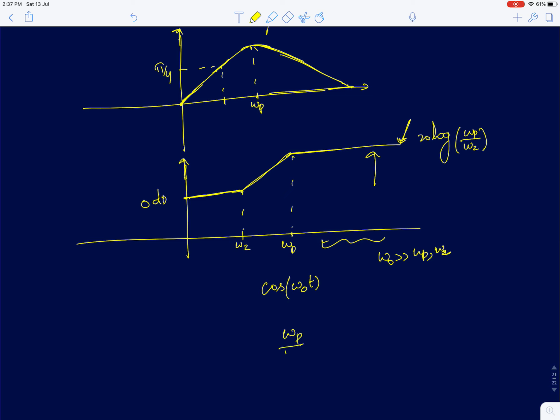That's your amplitude. If the gain amplitude is 1 here, you're going to get gain here, and the phase shift is 0, because for large frequencies the phase shift is 0 degrees here. Eventually it will come to 0 degrees. Okay, so that's the power and advantage of going for Bode analysis.